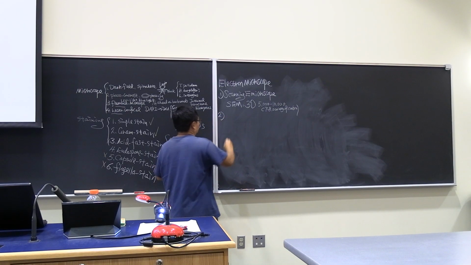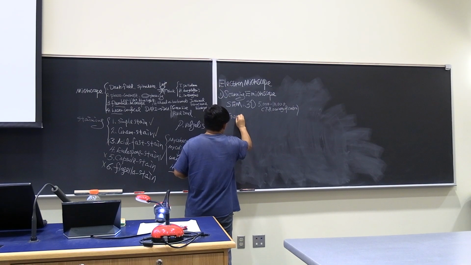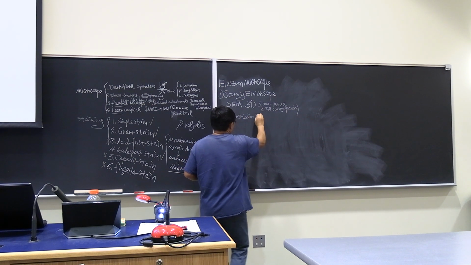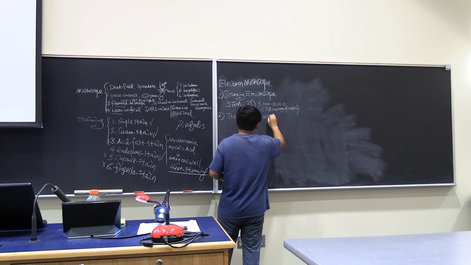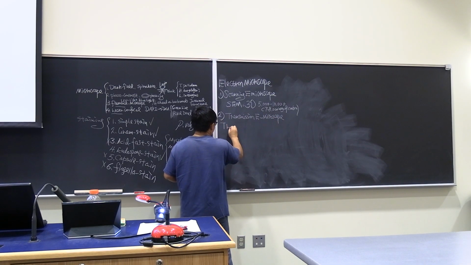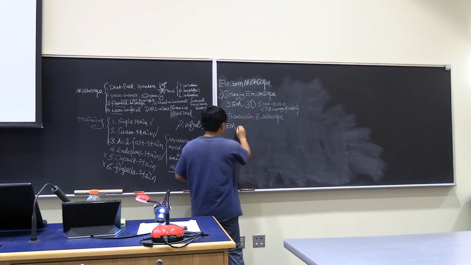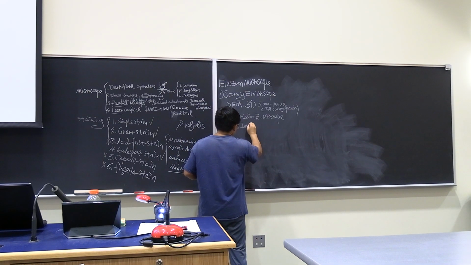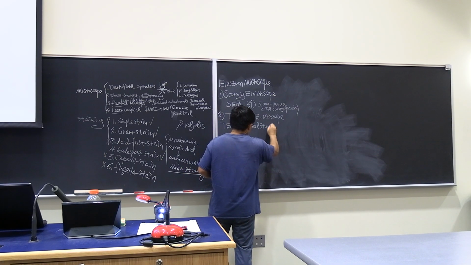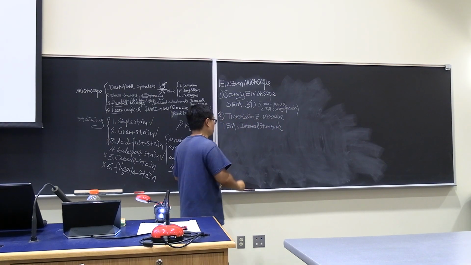Another microscope is called the transmission electron microscope. That's called TEM. Transmission electron microscope. We can see clearly the internal structure. So the magnification is huge.